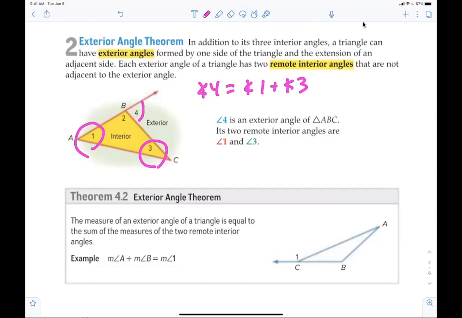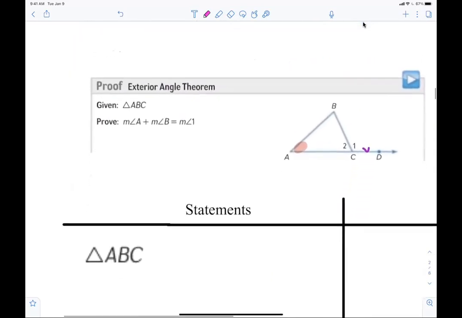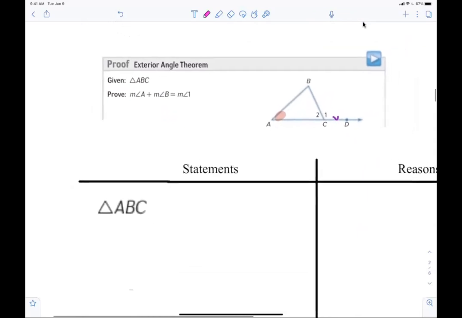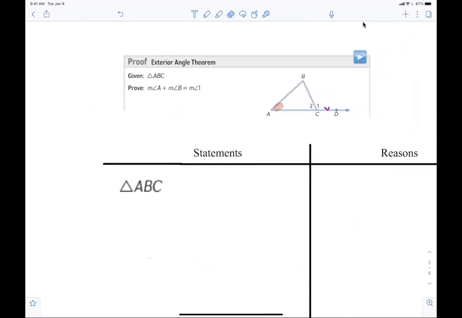They're just telling you that they're not adjacent to 4. Angles 4 and 2 are called adjacent angles. Again, that's something super easy to prove as well. Yes, we're going to prove that real quick, and I mean real quick.